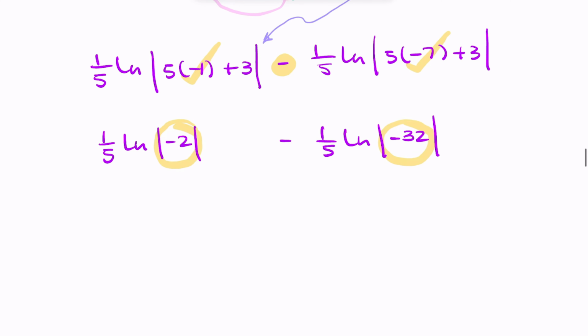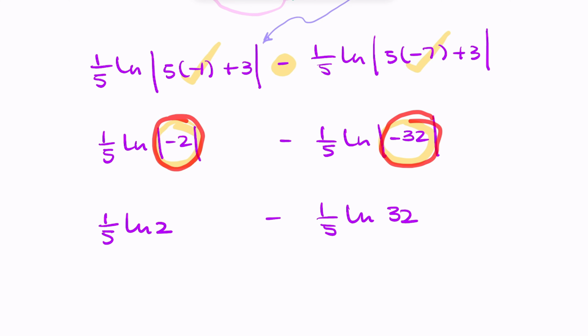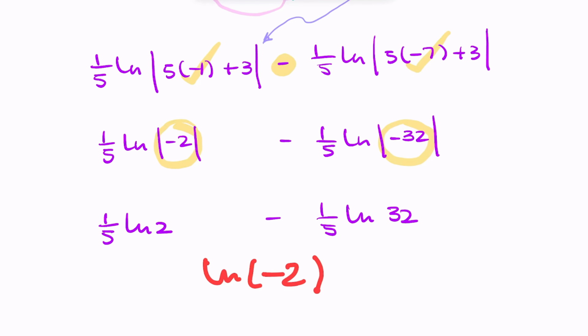So what we have is 1 over 5 ln 2 minus 1 over 5 ln 32. So watch out. You can't take the log of a negative number. That would be unacceptable. If you were to find ln -2, that wouldn't work. Okay, so make sure you use the modulus function.